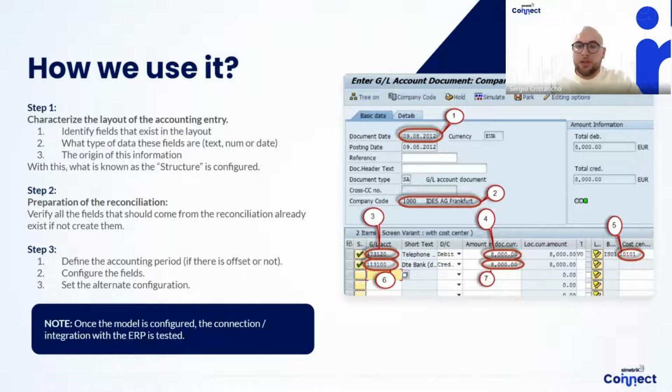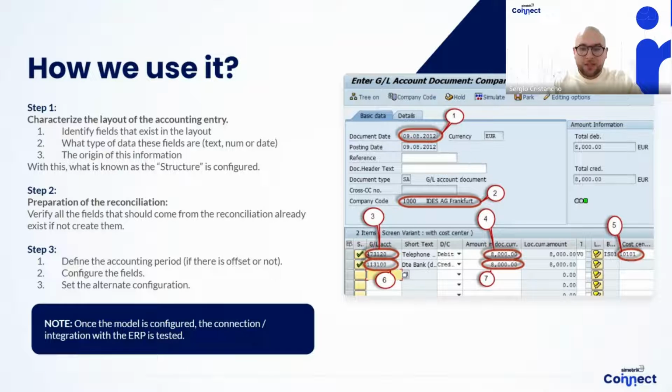Step 3 is basically creating the accounting model. This is the actual functionality that is going to be generating accounting entries and communicating them to the ERP. With the layout you created and the reconciliation you prepared, you're going to call both those resources, and by matchmaking, you're going to create the accounting model and start generating your accounting entries.